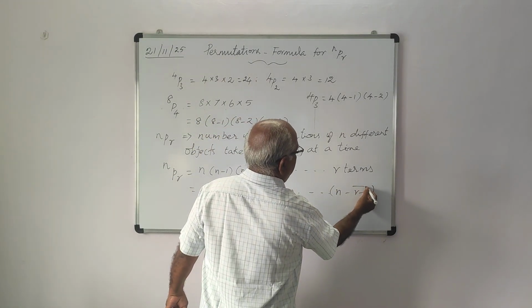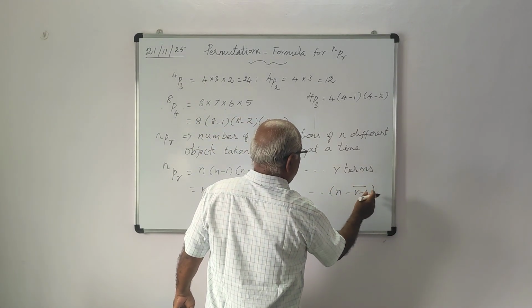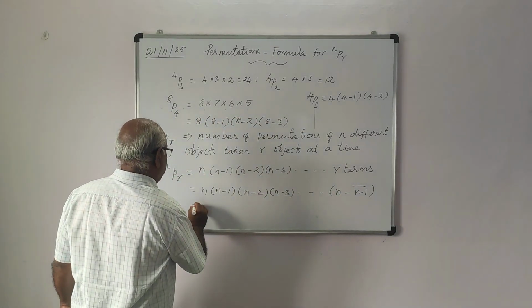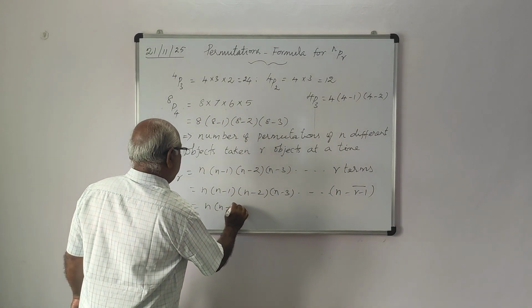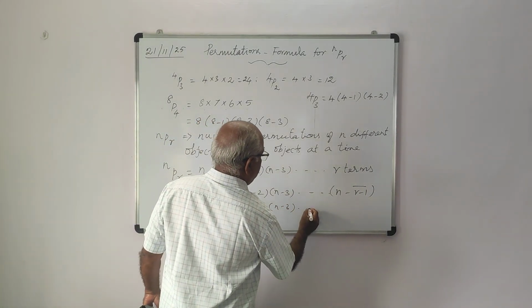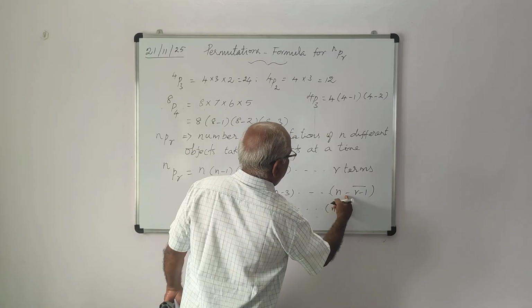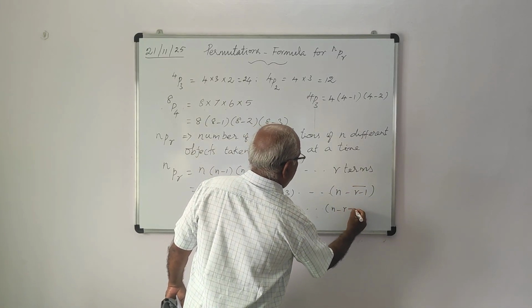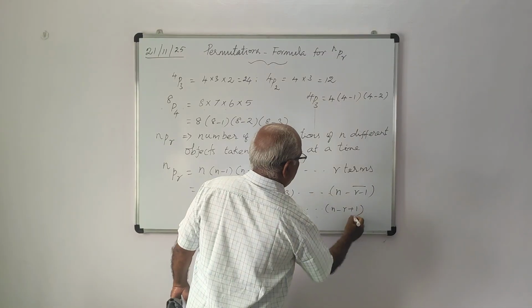The bar indicates r minus 1 is a single unit. Or otherwise, write it as n into (n minus 1) into (n minus 2), and so on. If you bring the minus inside the bar, you will get n minus r plus 1. That is the last term.